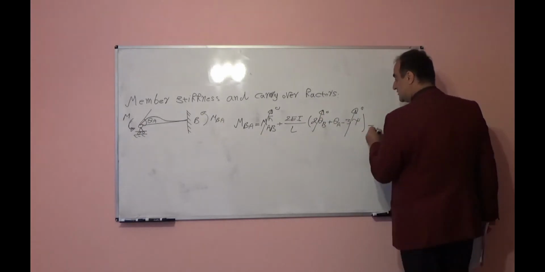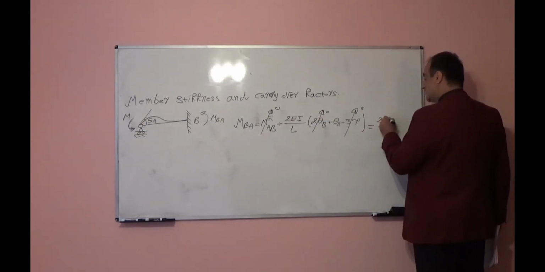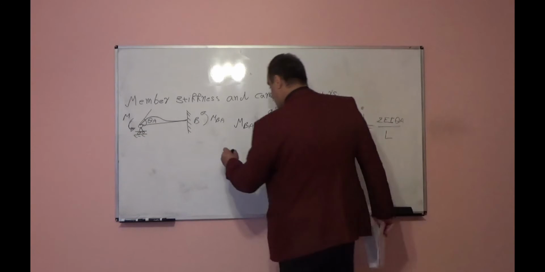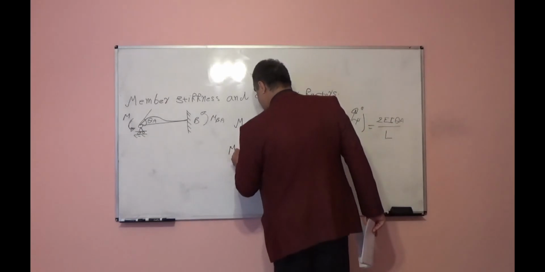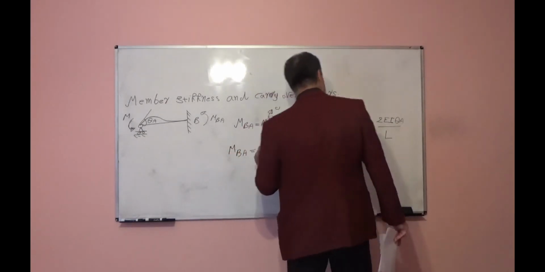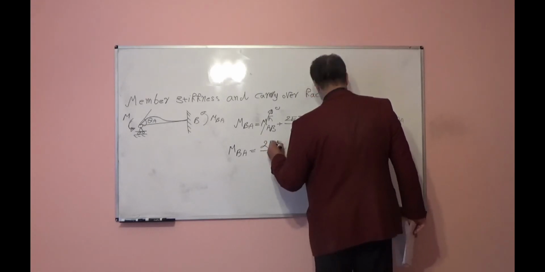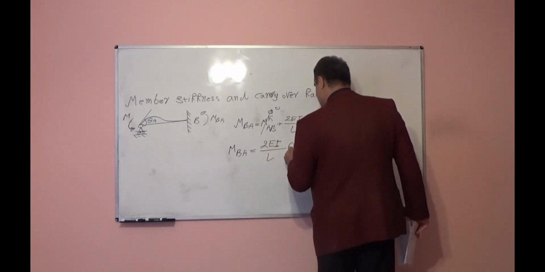From here, you will find 2 EI theta A over L. So I can write MBA is equal to 2 EI over L times theta A.